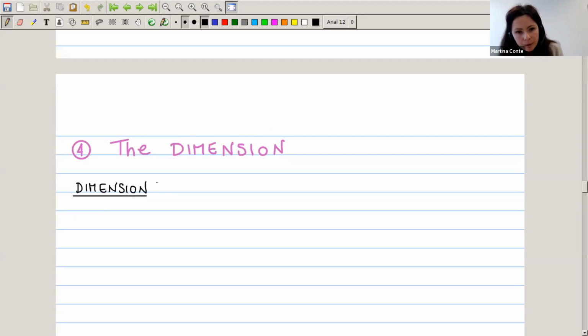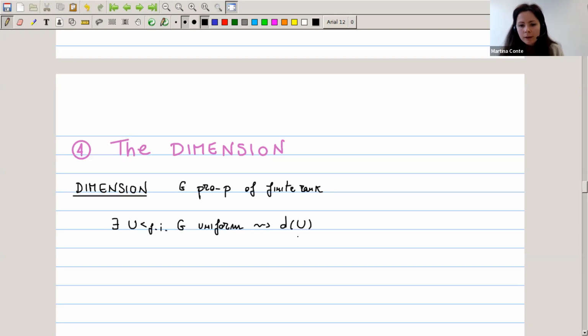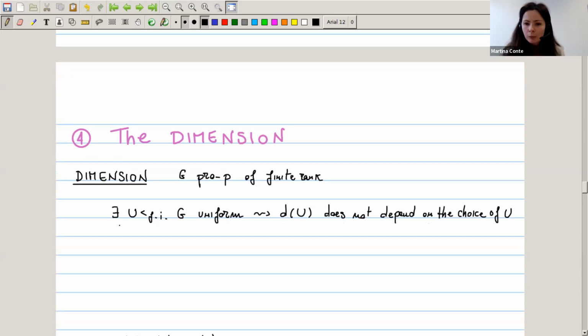As I said at the beginning, if G is pro-P p-adic analytic, or equivalently pro-P of finite rank, then we can find a uniform subgroup U of finite index in G, and we can consider its minimal number of generators, D of U. It turns out that this number does not depend on the choice of U. So if we choose another uniform subgroup of finite index in G, this number will be the same.